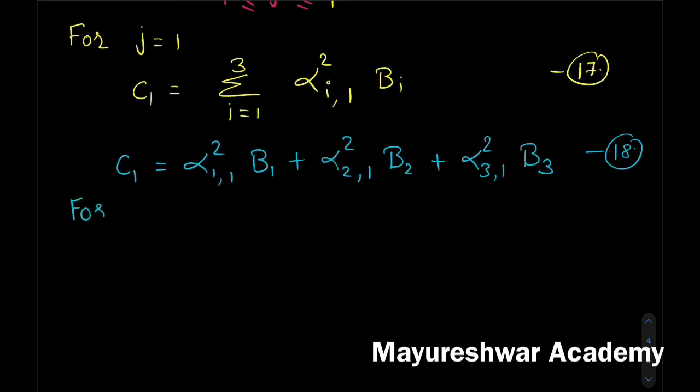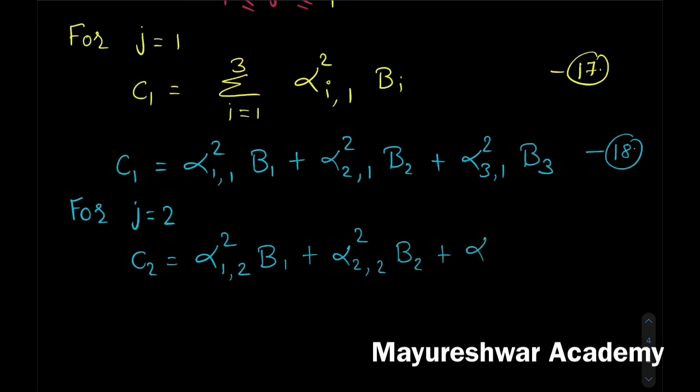Now similarly for j is equal to 2, this equation c2 will be alpha 1 comma 2, second order, b1 plus 2 comma 2 b2 plus 3 comma 2 b3, equation 19.